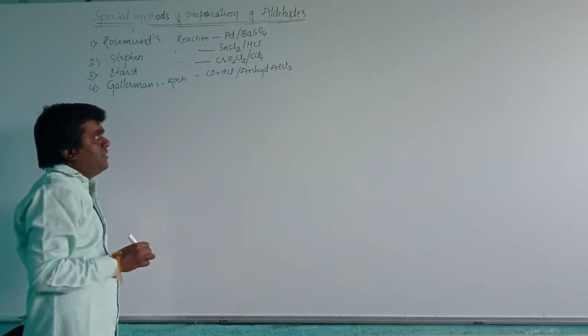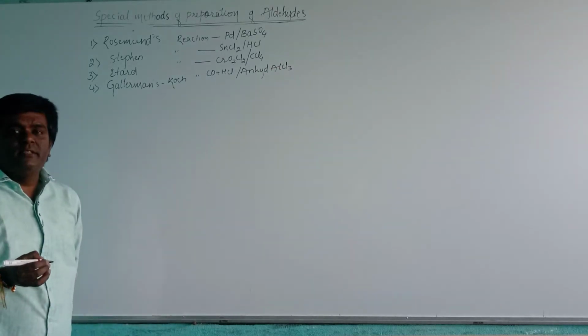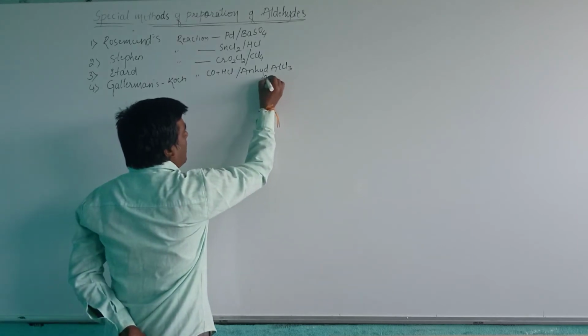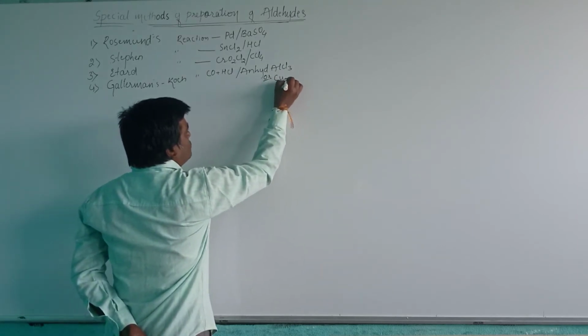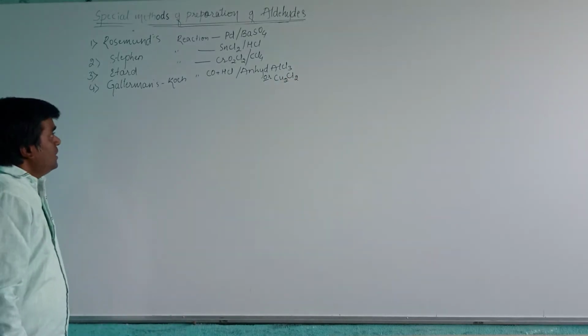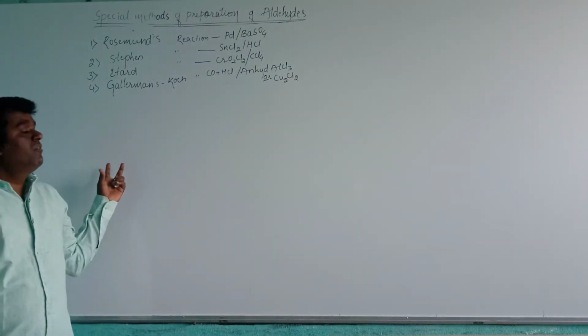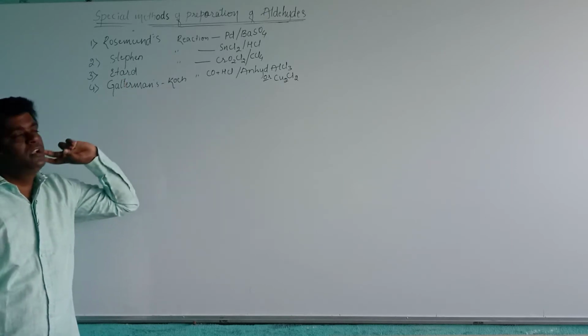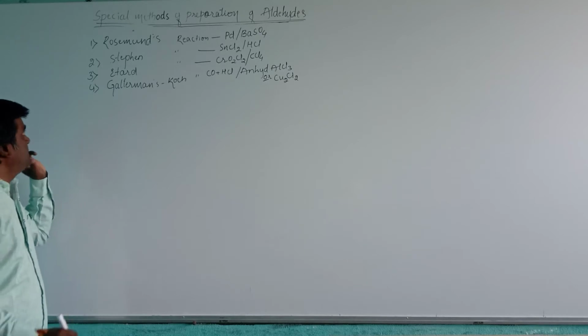In place of AlCl3 we can also use Cu2Cl2, that is cuprous chloride. This is an overview of the special methods for the preparation of aldehydes. Then let us see the details.